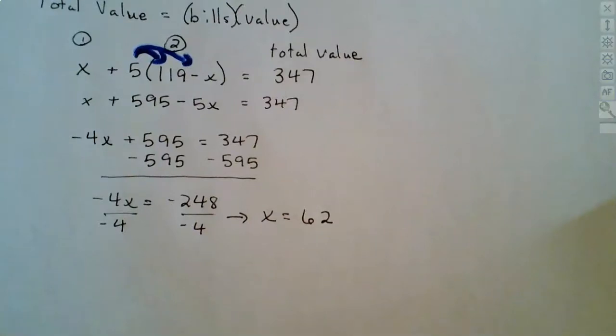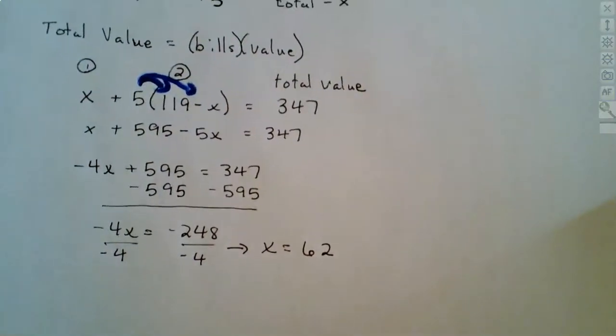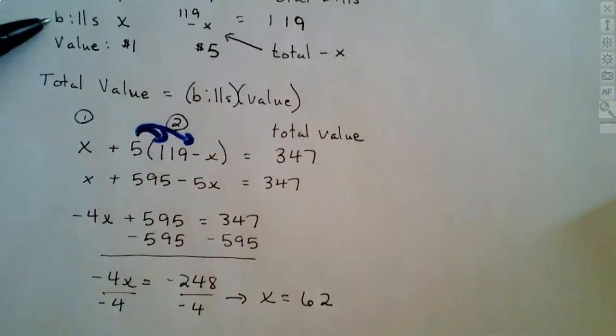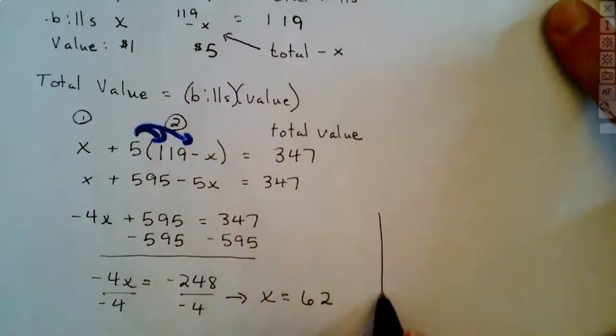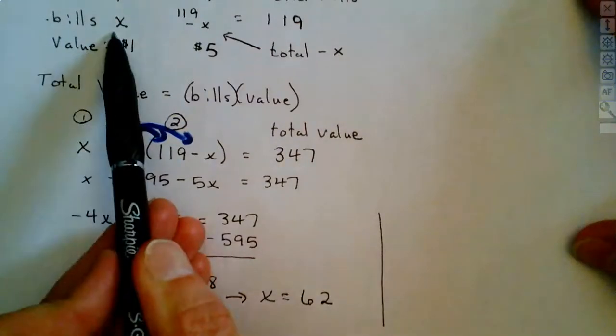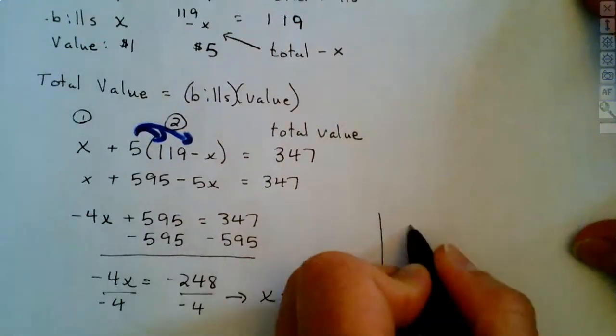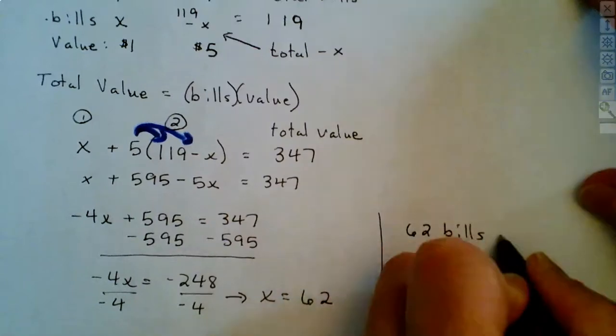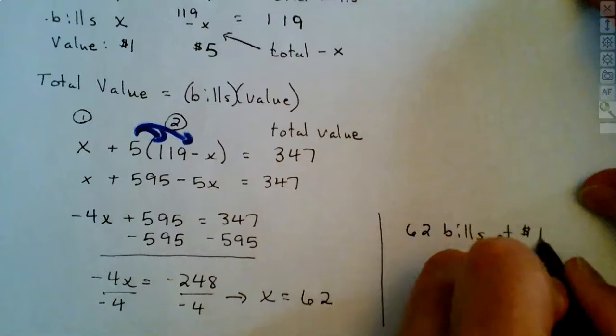What does x go with? Well, if we go back up and look, x goes with the number of $1 bills. Our question says, how many of each do we have? So for the $1 bills, we have x. So that means we have 62 bills at $1 each.